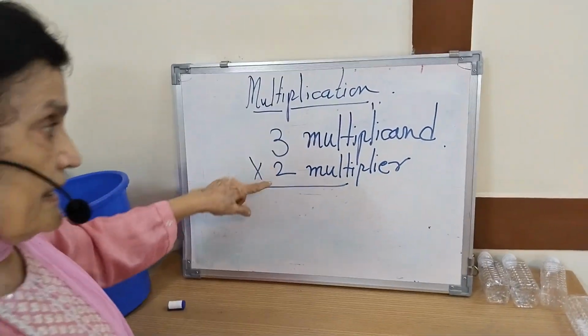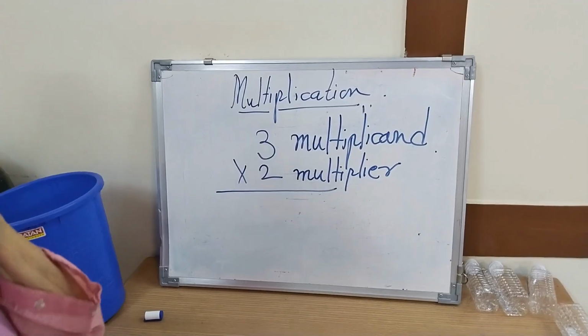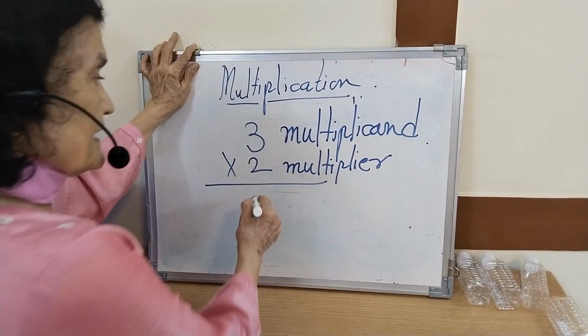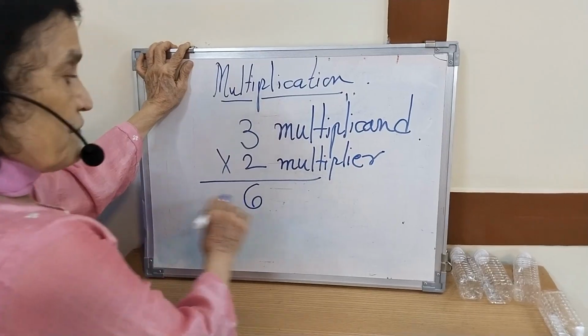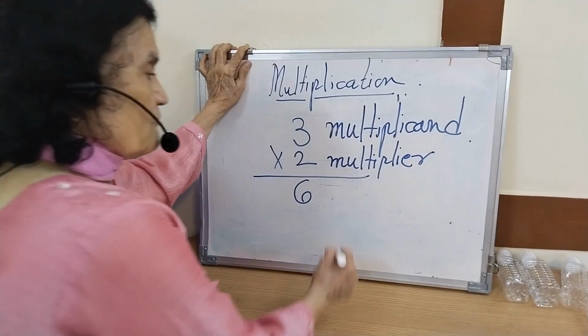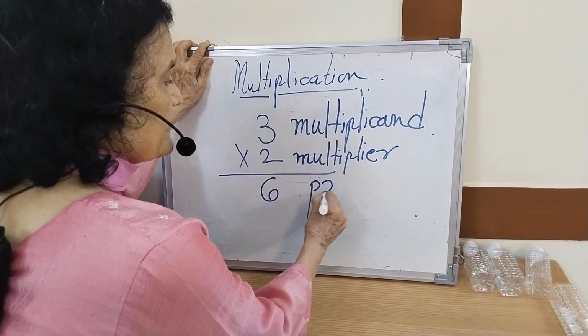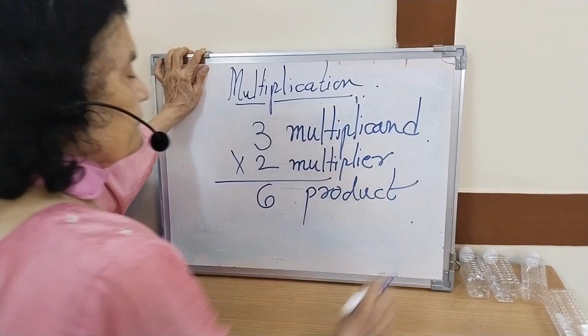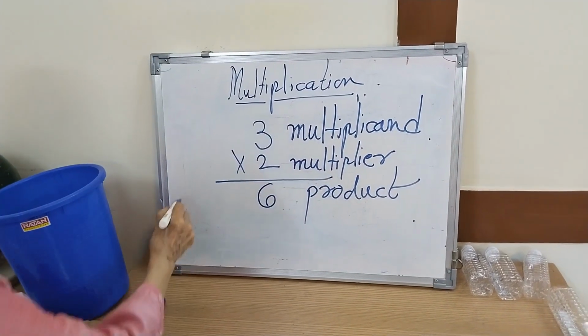And the final answer, which we could get by revising our tables, 3 2s are 6. This final answer was called as product in multiplication.